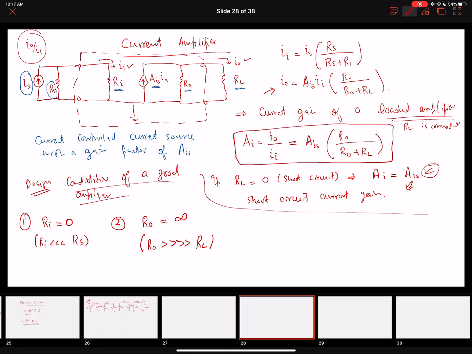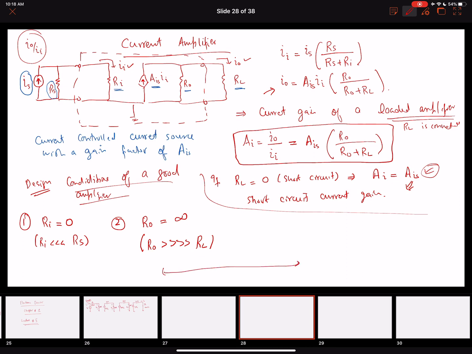Now you can also see that both of these conditions are in contrast to the voltage amplifier, where we wanted our input resistance to be infinite and output resistance to be very small or zero. Over here for a current amplifier, our input resistance should be very small compared to the source resistance and our output resistance should be very high compared to the load resistance.